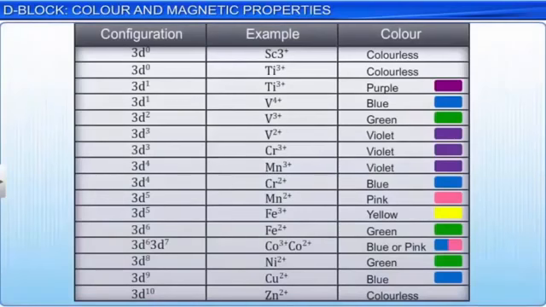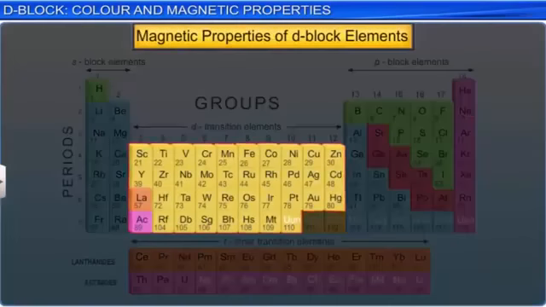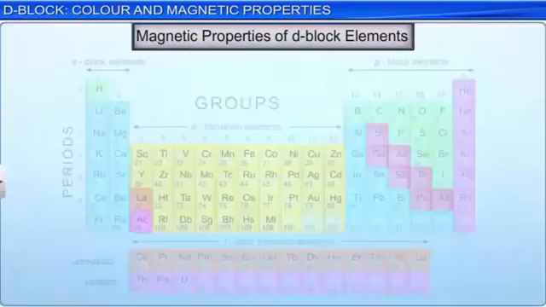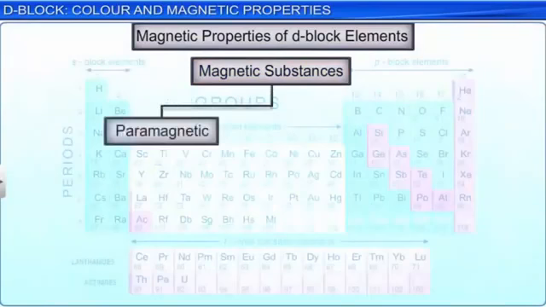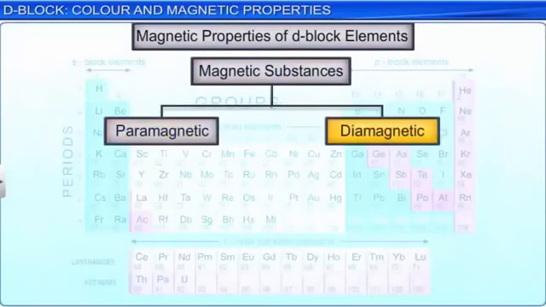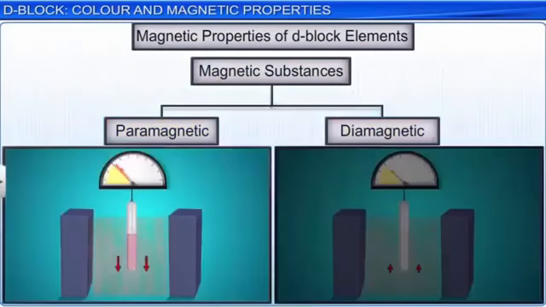Now, let us look at the magnetic properties of d-block elements. Substances, depending on their behavior in an external magnetic field, are classified into paramagnetic and diamagnetic. Substances that are weakly attracted to a magnetic field are called paramagnetic substances, while substances that are repelled are called diamagnetic.